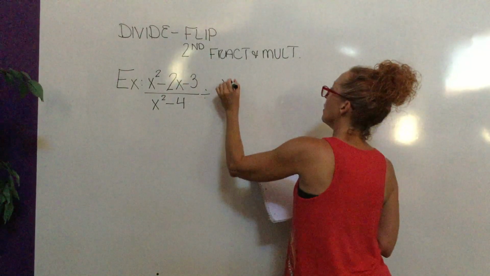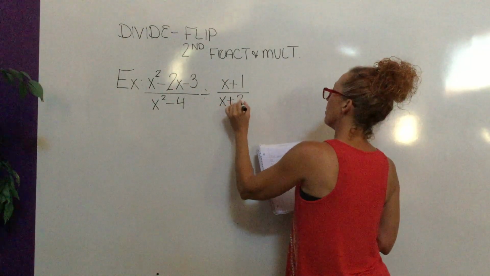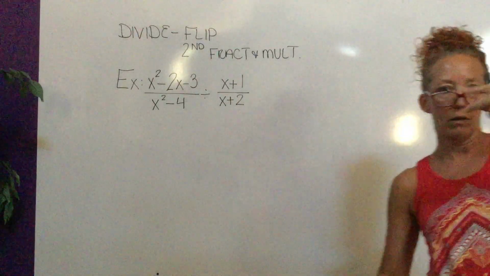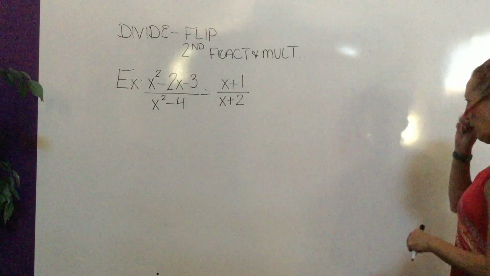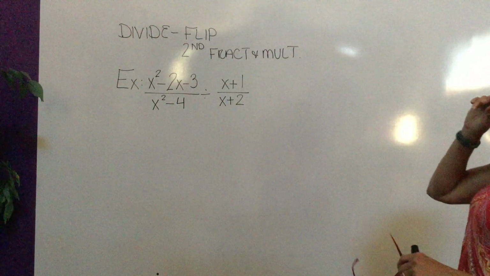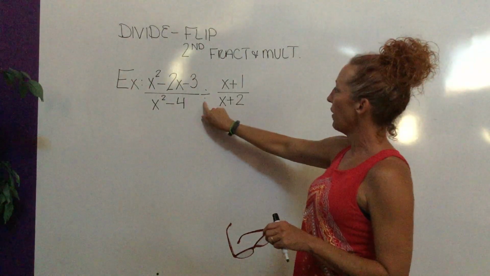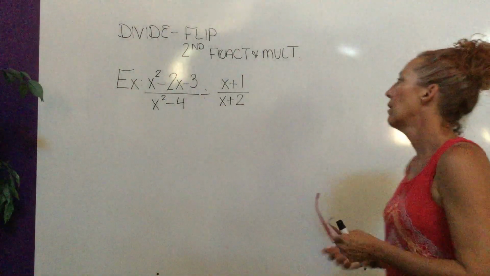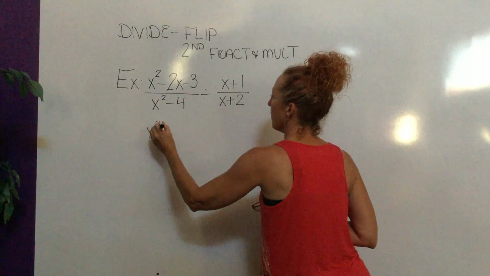So when you change the denominator and the numerator, and you write it in reverse, it is the reciprocal. So if we take a problem that looks like this, and this is a divide right here, you are going to keep that first fraction the same.